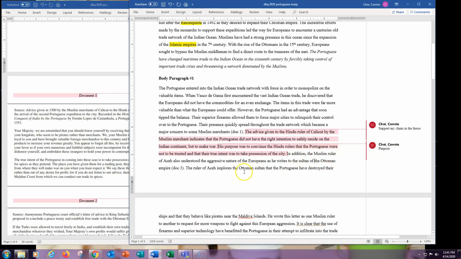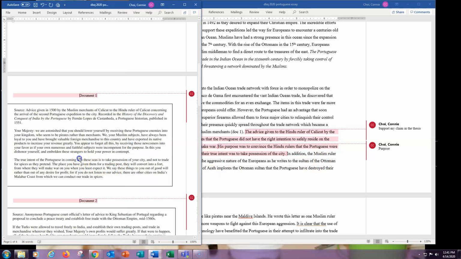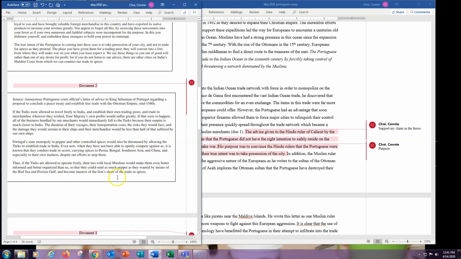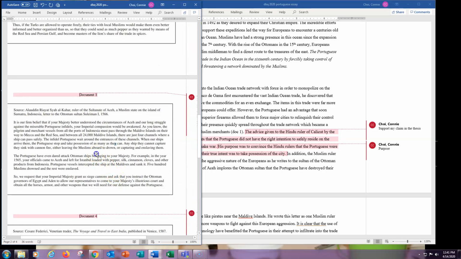In addition, the Muslim ruler of Aceh also understood the aggressive nature of the Europeans, as he writes to the Sultan of the Ottoman Empire. Going to document 3, here is a ruler of the Sultan of Aceh. Now we're like, where is the Sultanate of Aceh? It says here a Muslim state on the island of Sumatra, Indonesia.